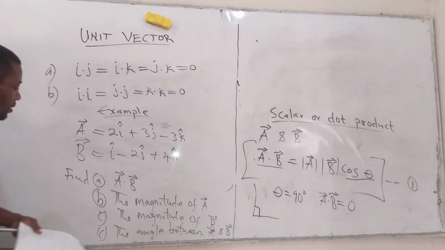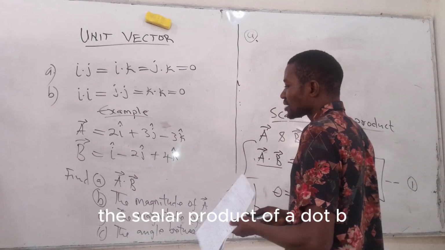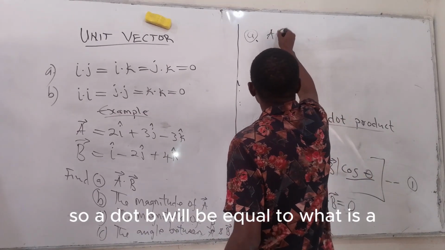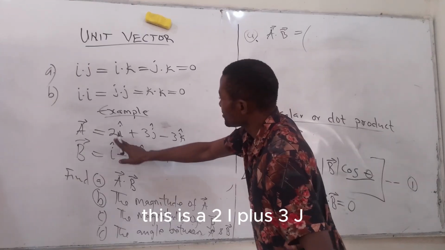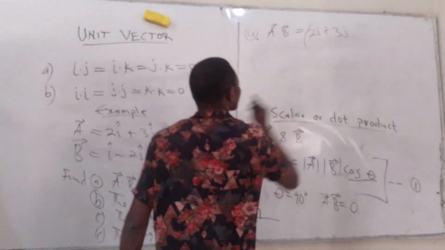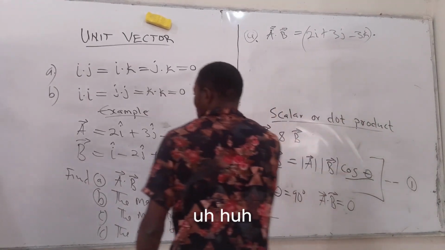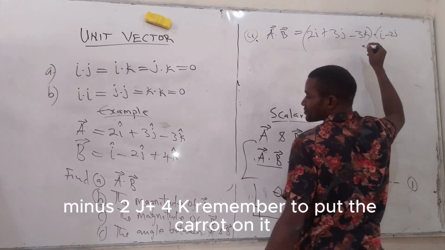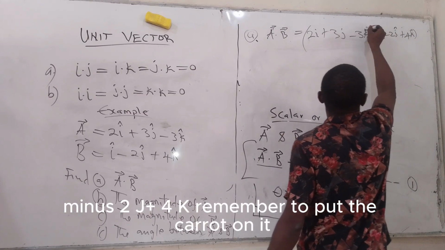So we are to find the first one, the scalar product of A dot B. So A dot B will be equal to, what is A? This is A, 2i plus 3j minus 3k dot i minus 2j plus 4k. Remember to put the caret on it.